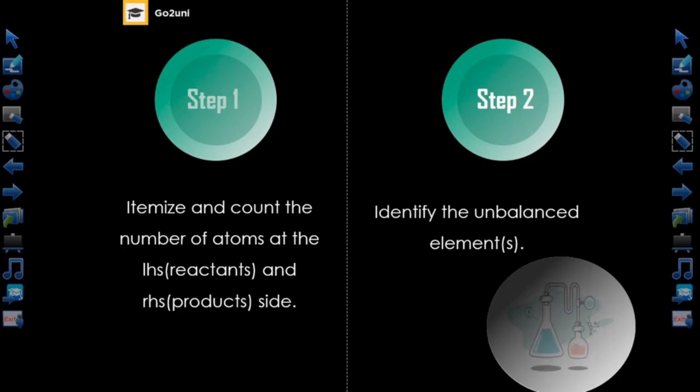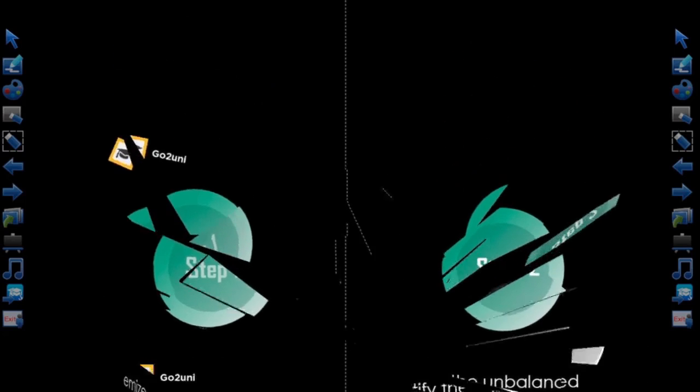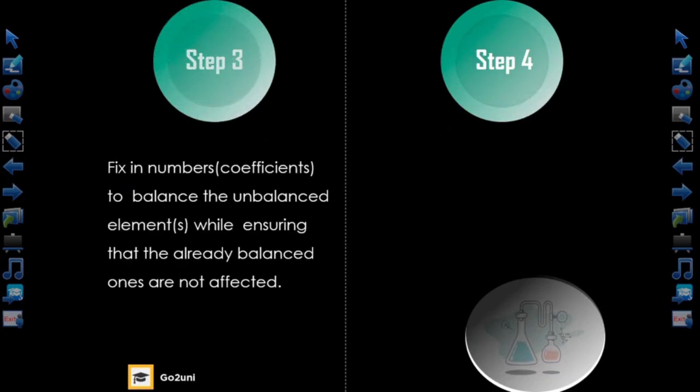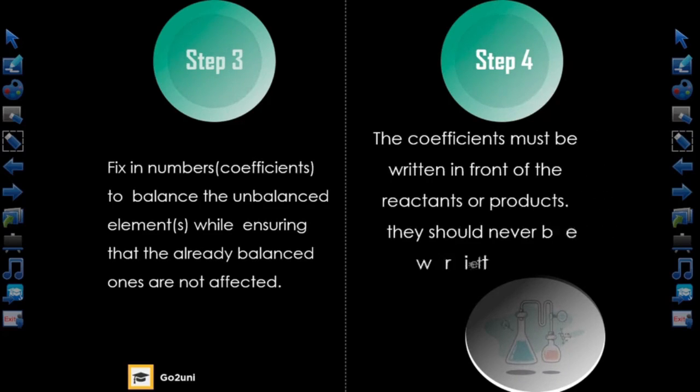The next step is to identify the unbalanced element or elements as the case may be. After itemizing, we then identify which of the species is balanced and which is not balanced. Step 3. Having identified the balanced and unbalanced species or atoms of elements, we now have to fix in coefficients to balance the unbalanced elements.